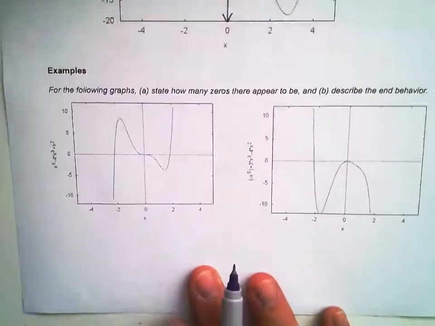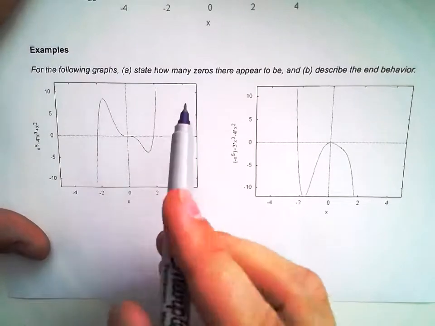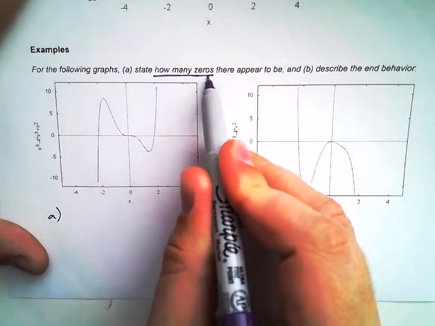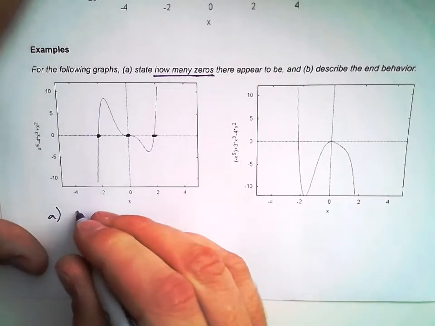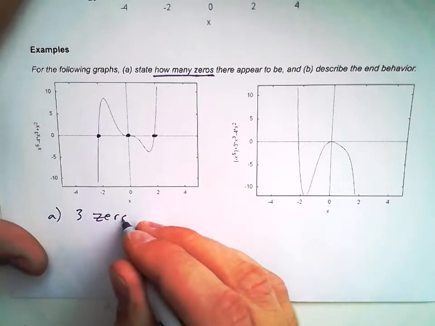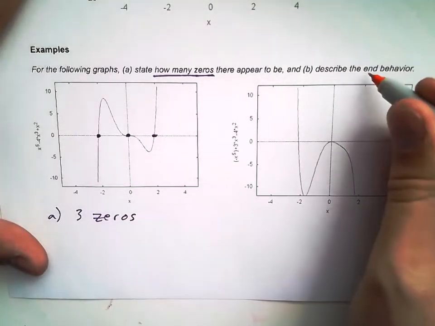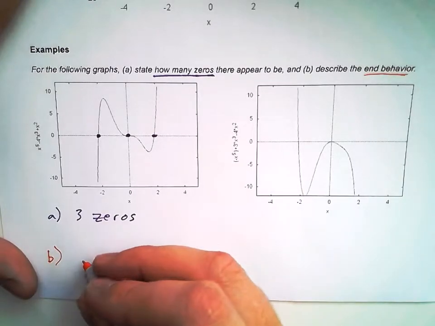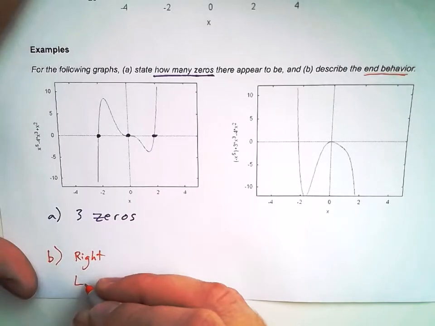All right, last two examples. This first one, how many zeros? Well, it's 1, 2, 3. 3 zeros. And what about end behavior? Let's say on the right and on the left.